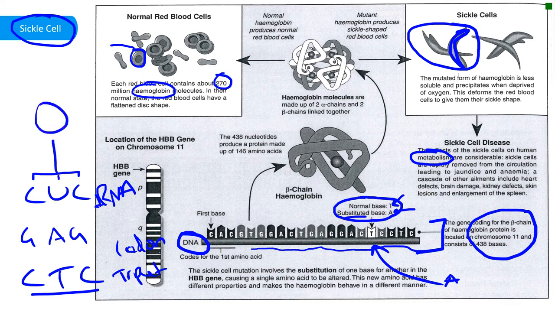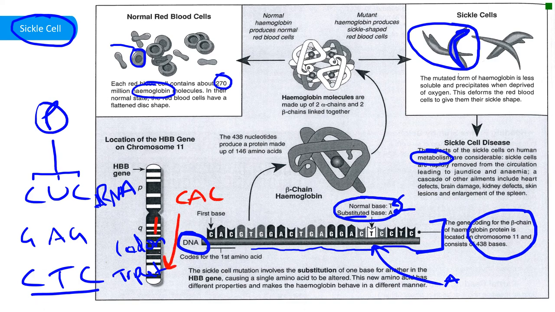That's what would normally happen, and that would code for, let's say, phenylalanine. Let's have a look at what would happen if we change these letters, and hopefully it's quite obvious. The code would go from CTC to CAC on the triplet.